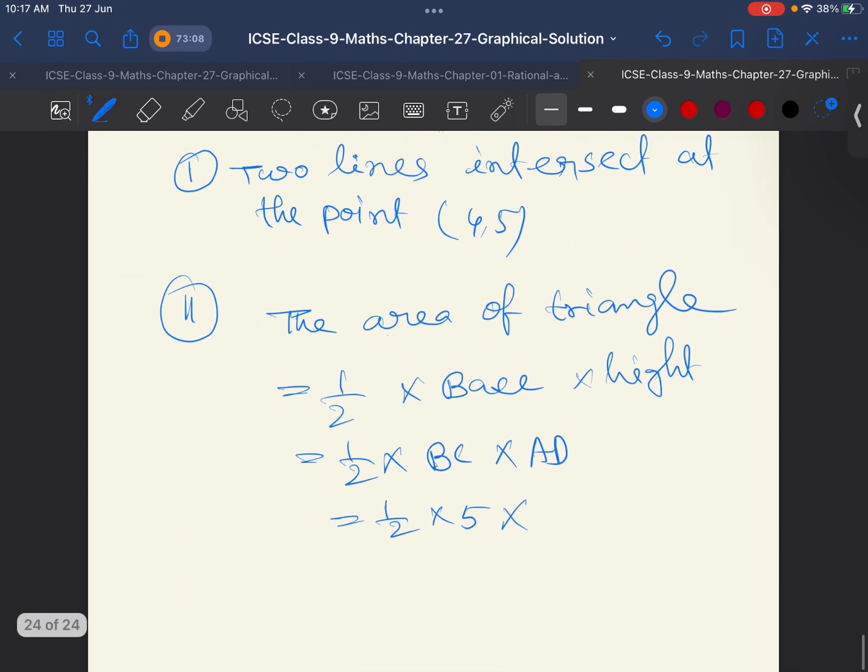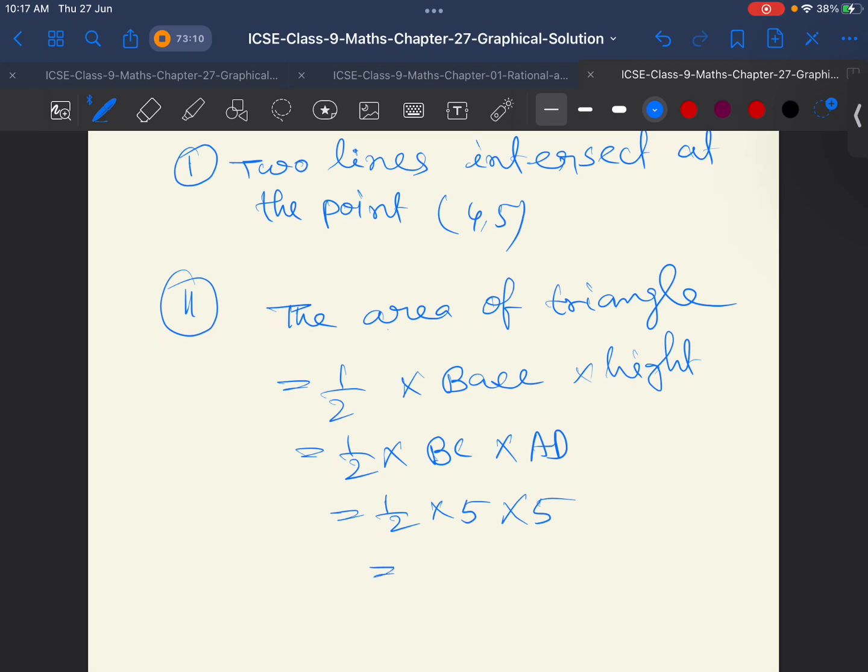So this is 5, 25 by 2. Okay, so 12.5 square units.